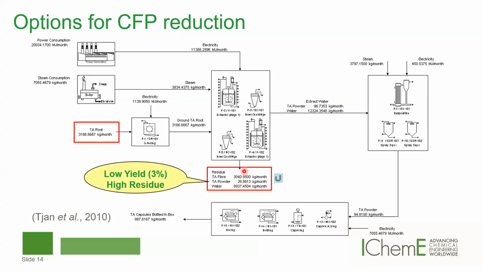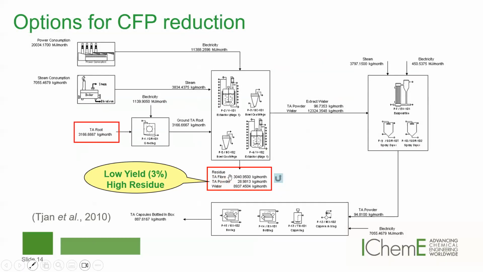So, out of the 3,100 kilogram na root, everything is actually residue. Itong TA fiber, ito residue or waste. So, these are just the waste. Tapos, ang production is just 3% itong TA powder.